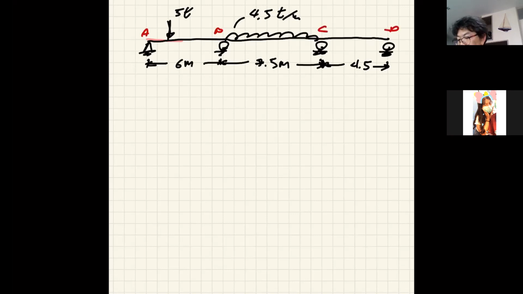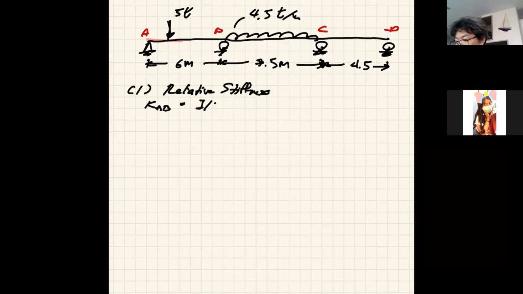All right, so step number 1. Relative stiffness. This time your KAB is I over 6. KBC is I over 7.5, and KCD is I over 4.5, right?